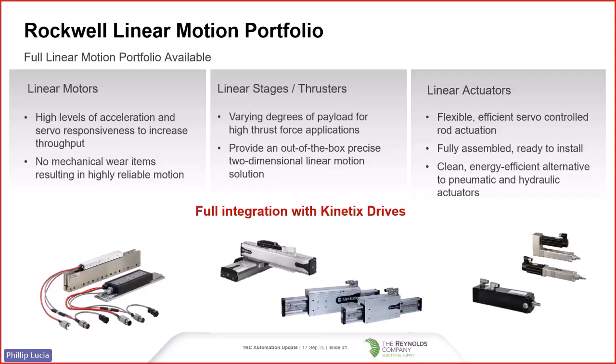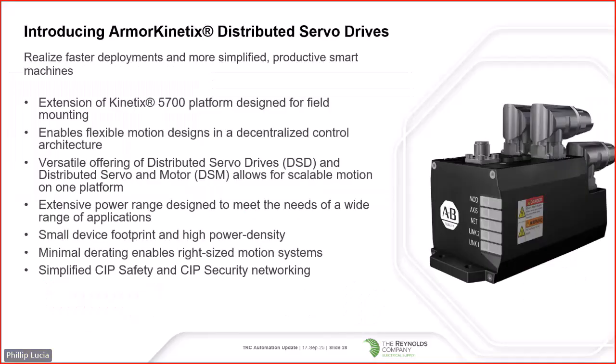And there are rod-style linear actuators ready to upgrade costly and leaky pneumatic and hydraulic systems. These linear motion products are fully integrated with the Kinetics drives for a complete system solution, and many third-party linear products are also integrated similarly, if not exactly the same.